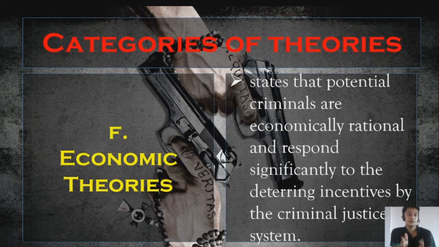Next in here, we have another category which is so-called the economic theory or economic theories. So under here, it states that potential criminals are economically rational. So what do we mean by that? So let's have here the example. One of the most popular theories in crime causation, we have here the so-called rational choice theory.